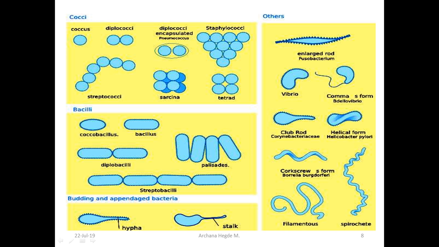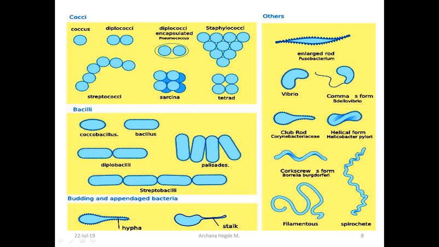Others are enlarged rod Fusobacterium, which are crescent shaped, comma shaped Vibrio cholerae. Commas formed by this bacterium. Bulb rod Corynebacterium. Helical form Helicobacter pylori. Corkscrew shape form Borrelia, and spirochetes are spiral.